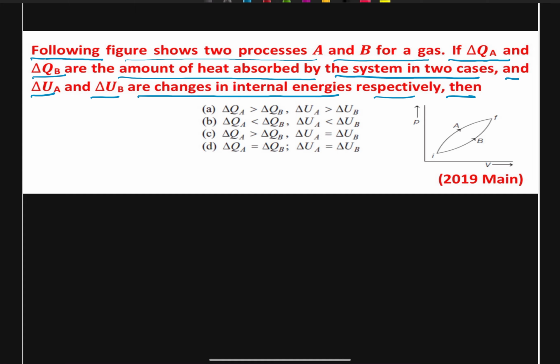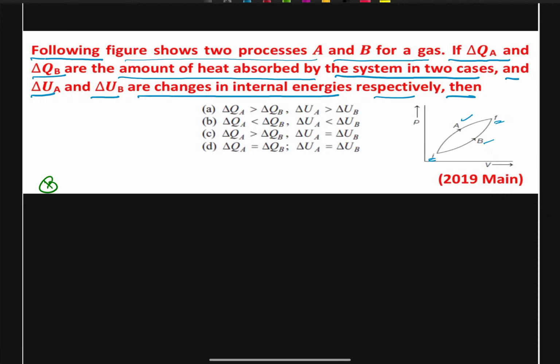And a PV diagram is given to us. So in this we can easily see that our initial state and final state for both the processes A and B is same. Therefore, their internal energy will be same.